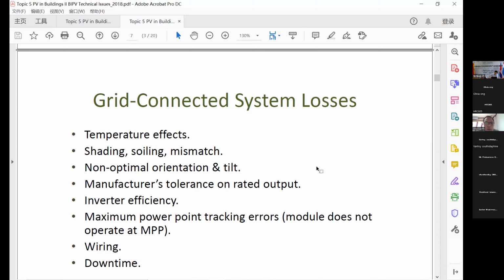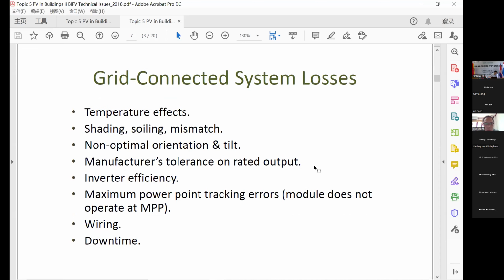As a student asked me before, there exists an optimal tilt angle, which is closely related to the latitude of the building location. So if the orientation and tilt are non-optimal, definitely the power output will not be ideal.